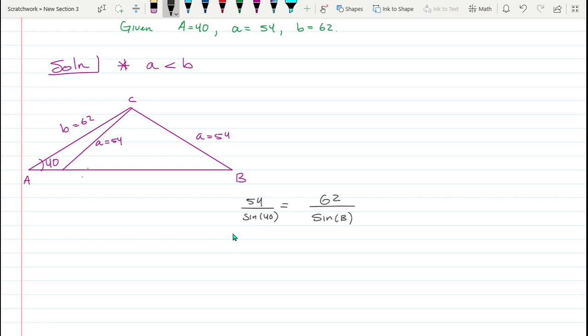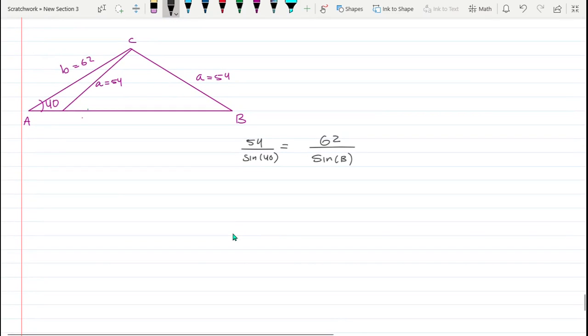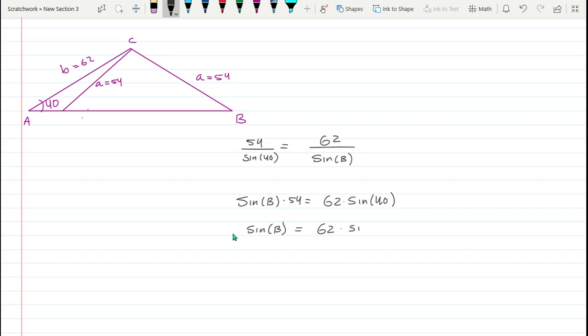So cross multiply, we'll have sine of B times 54 equals 62 times sine of 40 degrees, and so sine of B is equal to 62 times sine of 40 over 54.